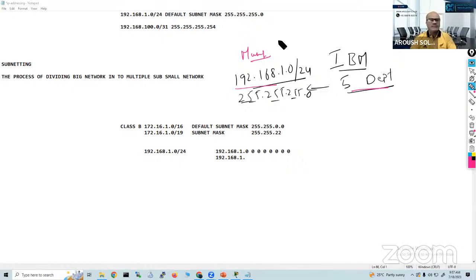The first department is IT, the second is security, the third is admin, the fourth is accounts, and the fifth is management.